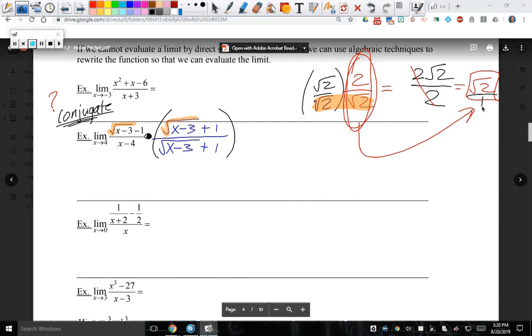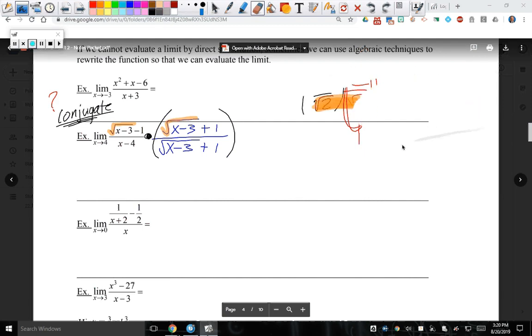So this one feels like that, but we're not trying to get rid of the denominator. We're trying to get rid of this numerator square root piece. Here we go. Look carefully. All of this is one piece. All of the top here is one piece. Just like the bottom here is one piece.